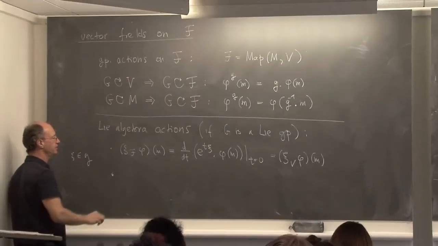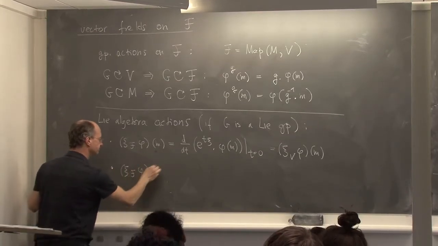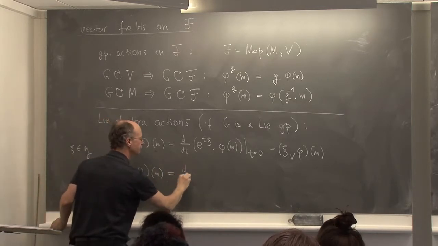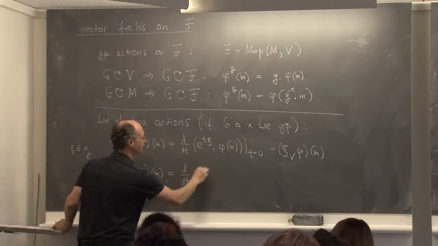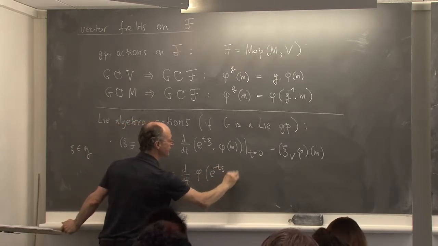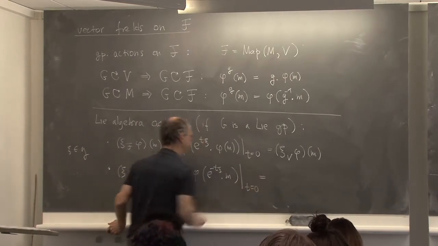It will be slightly more complicated in the second case. What will happen here? I write d over dt of phi at exponential of minus t psi acting on M, at t equals 0.